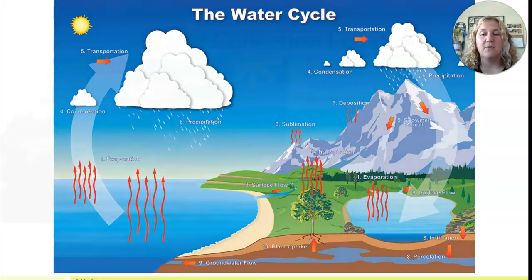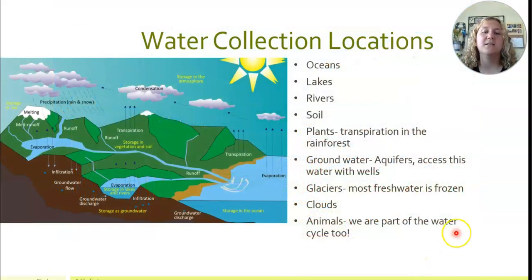So let's keep going. I thought this water cycle diagram showed a little bit better the different water collection locations. I think all of us know that oceans, lakes, and rivers are typical collection sites for water, but sometimes we don't think as much about water residing in soil for a long time, and that water also is in plants.